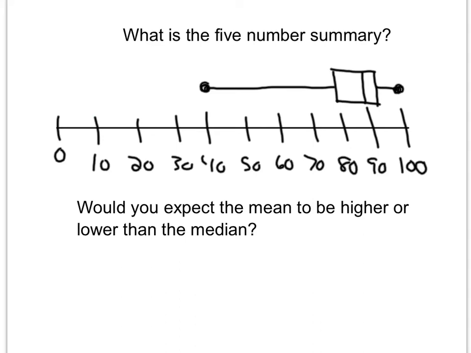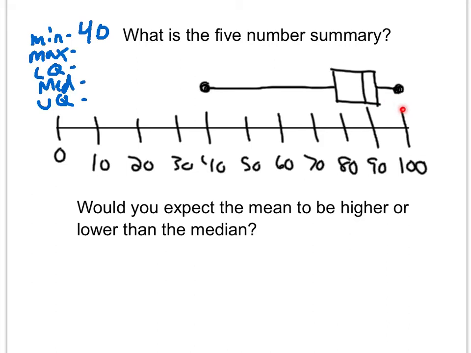Okay, the first question on this one is, what is the 5-number summary? That means what's the lower quartile, the upper quartile, the median, the minimum, and the maximum. Okay, so I need to tell all of those. So I want the minimum, the maximum, the lower quartile, the median, and the upper quartile. Well, my minimum number is right here, that's 40.